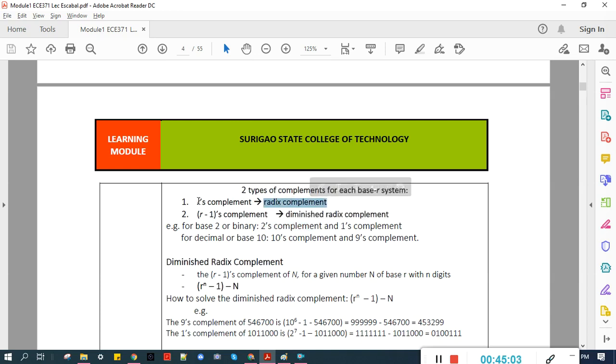We just replace the R with the base, which is 2. And then the R minus 1, so 2 minus 1 is the 1's complement. This is the diminished radix complement for the binary system. For decimal or base 10, the R's complement becomes the 10's complement, and the R minus 1's complement is the 9's complement.